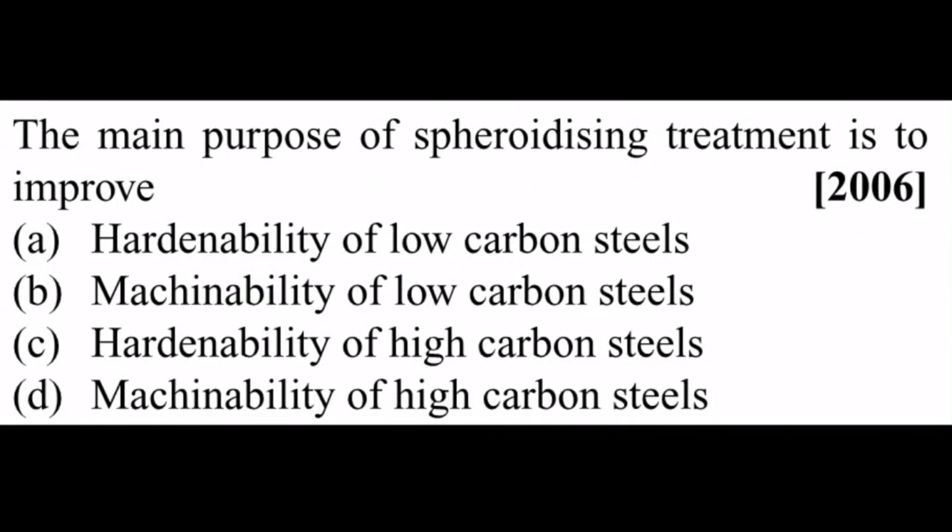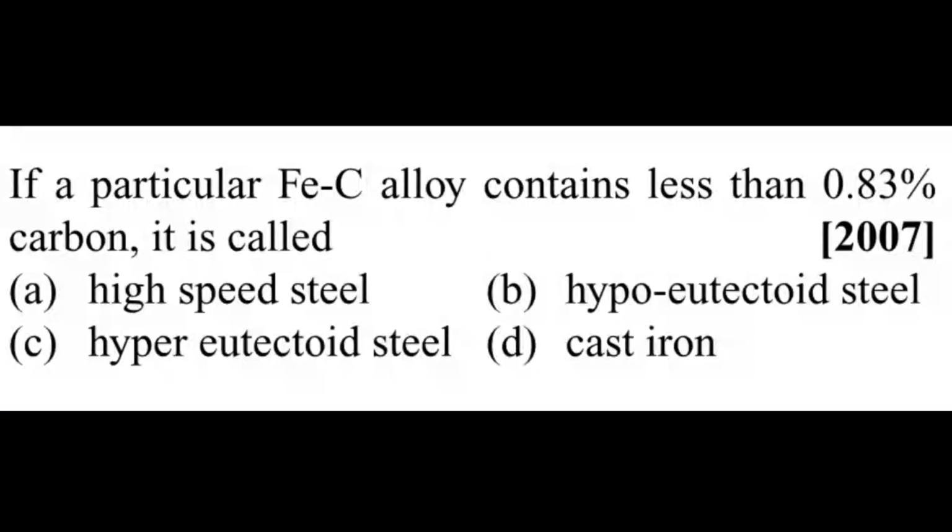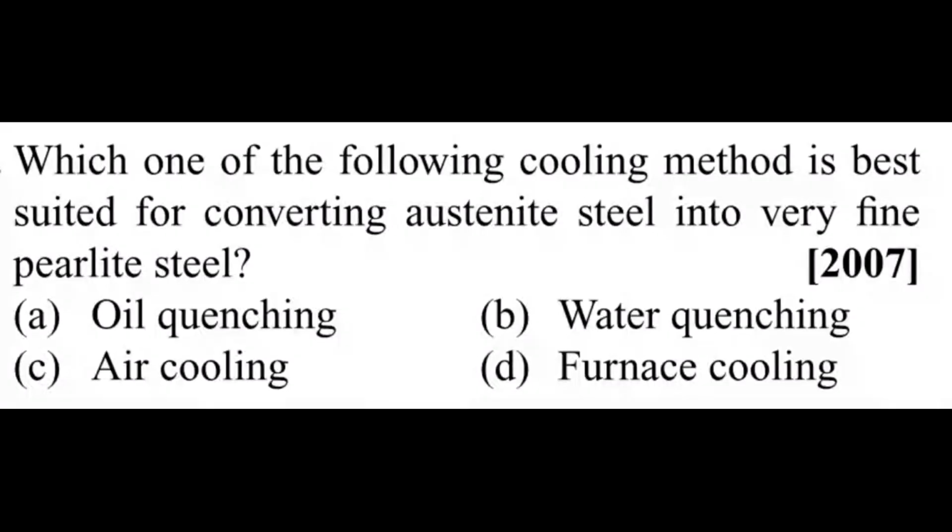The main purpose of spheroidizing treatment is to improve machinability of high carbon steels. If a particular Fe-C alloy contains less than 0.83% carbon, it is called hypoeutectoid steel.